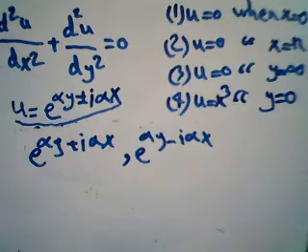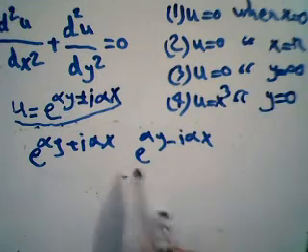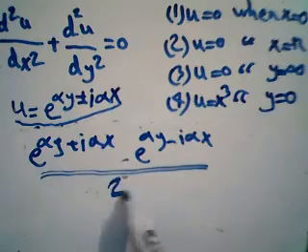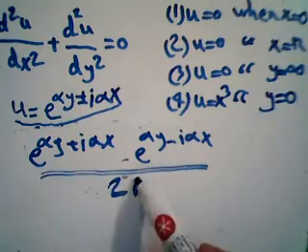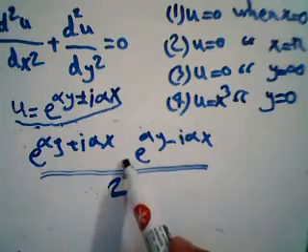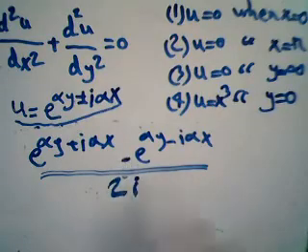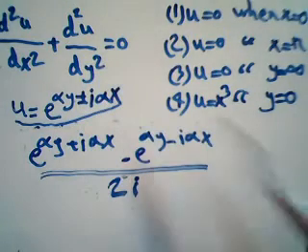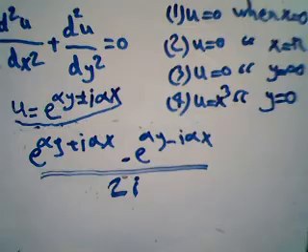So the difference of them over 2i, which is a linear combination of these two, is also a solution of this equation.